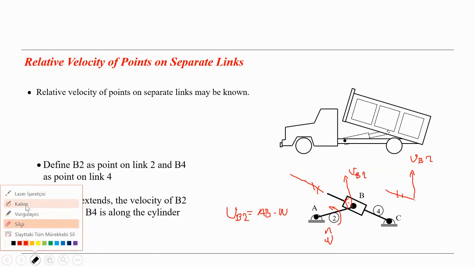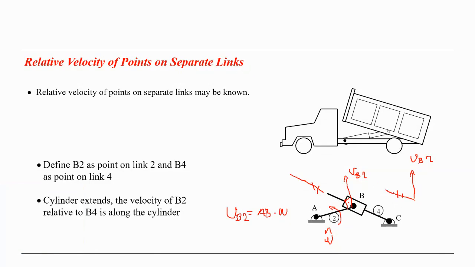We know only the directions. The direction is known, it must be parallel. And we also know the direction of VB4 relative to B2.